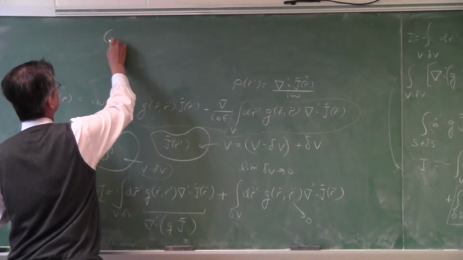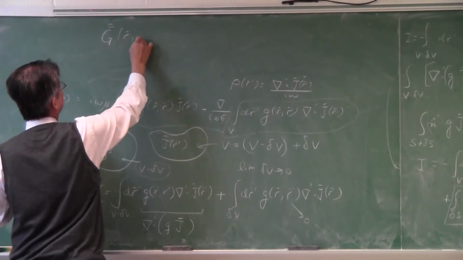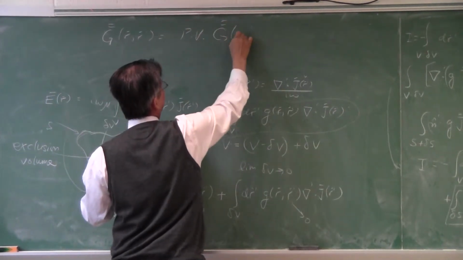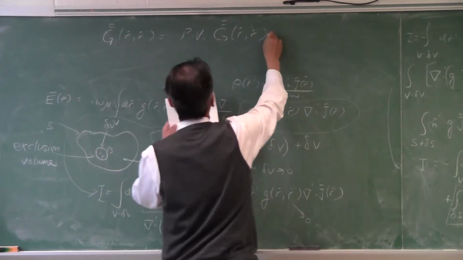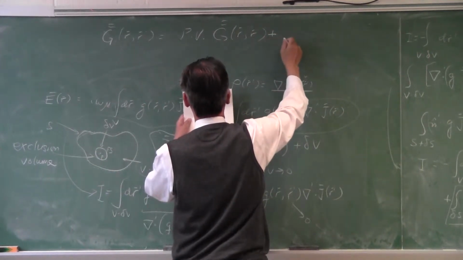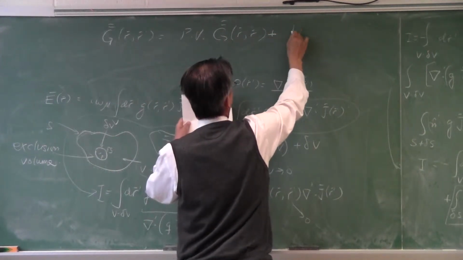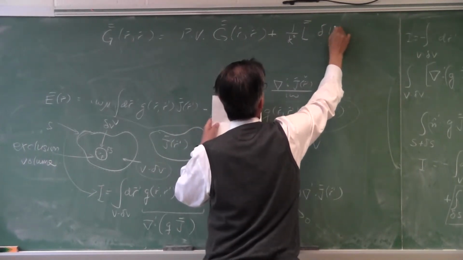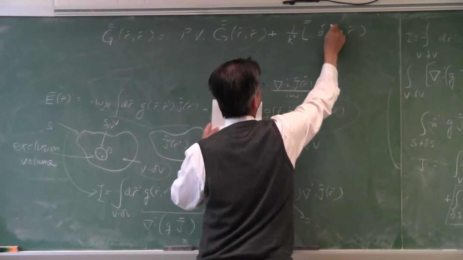That G of r, r prime should be the PV G of r, r prime plus 1 over k squared L times delta of r minus r prime. So you think of it as a distribution.